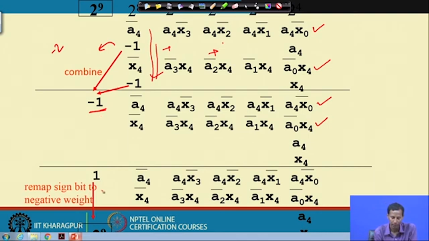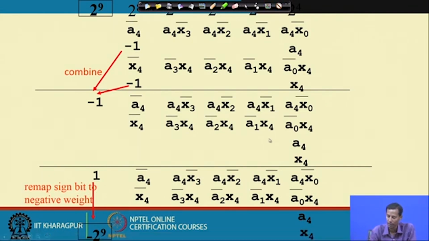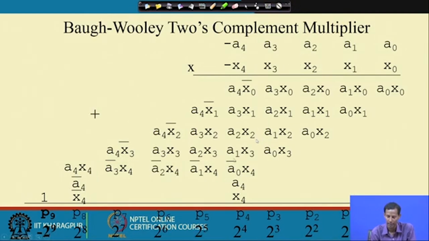Okay. So, minus 1 is nothing but a negative weight. If this bit is 1, then this will be minus 2 to the power 9. Okay. And the rest of the equations are something like this. Now this particular equation can be replaced by this one.